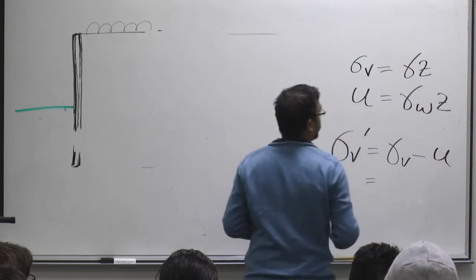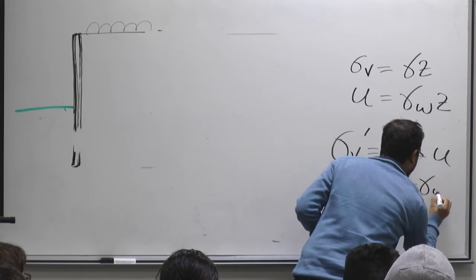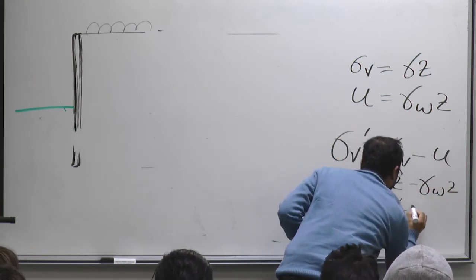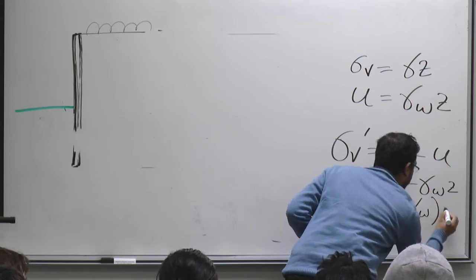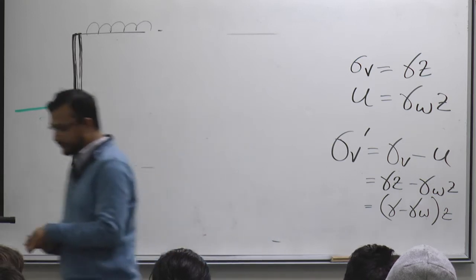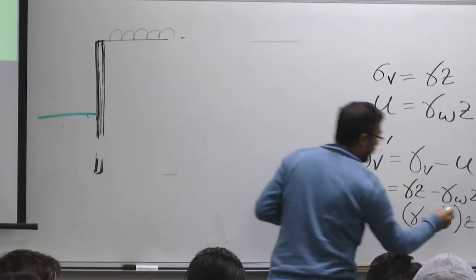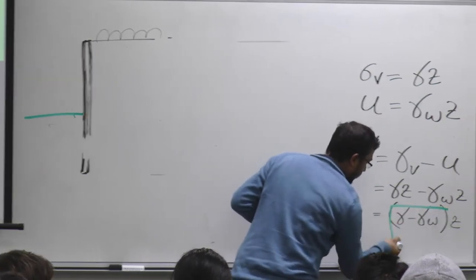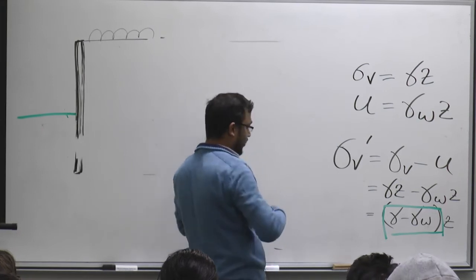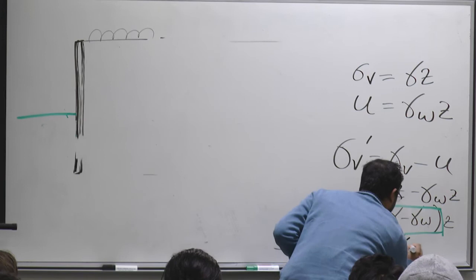So we could write gamma Z minus gamma W Z, which is gamma minus gamma W times Z. This part is gamma prime. So instead of that, I can write gamma prime Z.